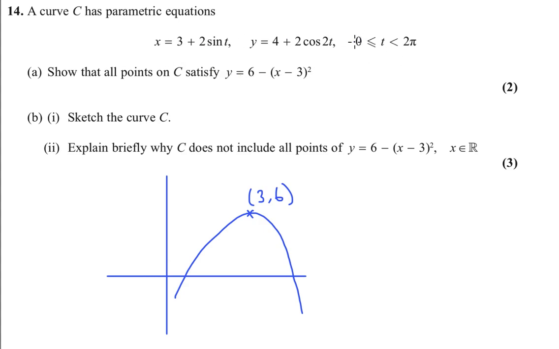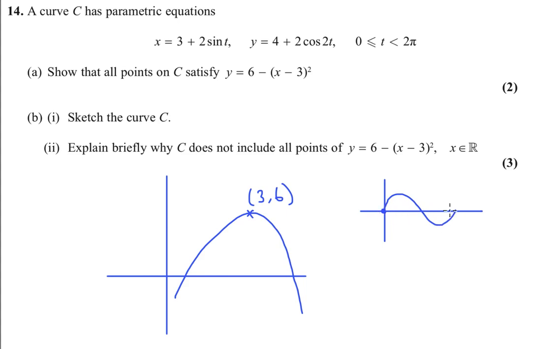So when t is equal to 0, we're going to have that x is equal to 3 plus nothing, so just 3. But we've already got that point there. If we look at when t is equal to 2 pi, that's going to be 0 as well because of the sine graph.